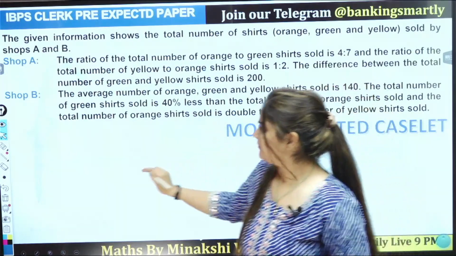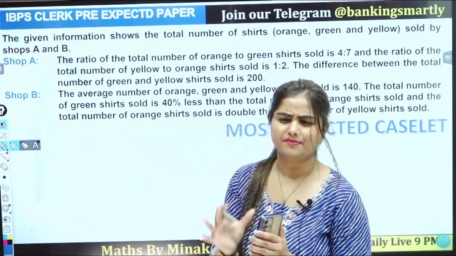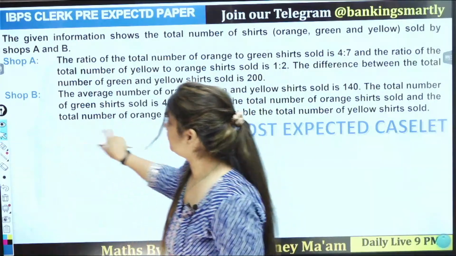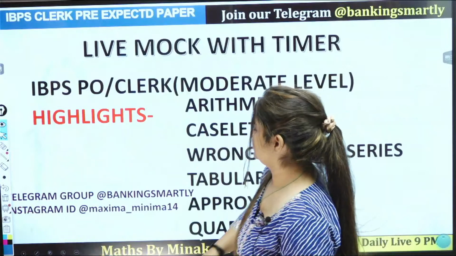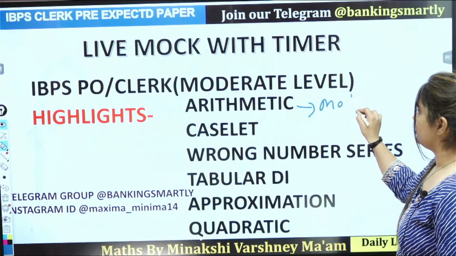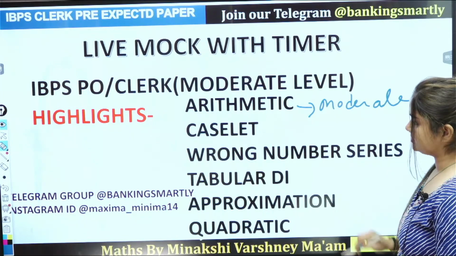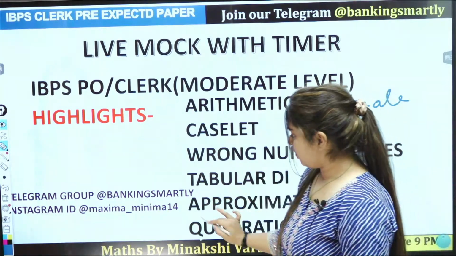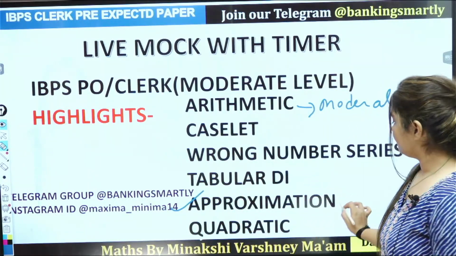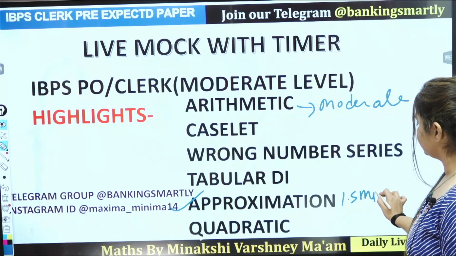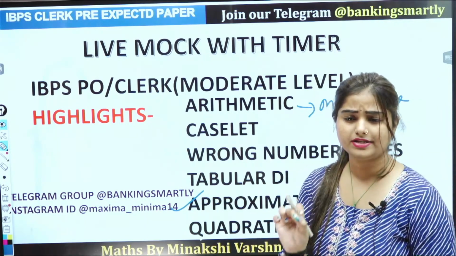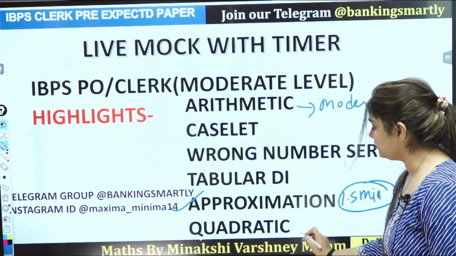If we are asking about the time management for this mock test, for the arithmetic section, today is moderate level. So what is the sequence for this mock test? You can go with approximation first. Within 1.5 minutes, you have to do this part. For quadratic, you have 5 quadratics. Within 1.5 minutes, you can do this part.